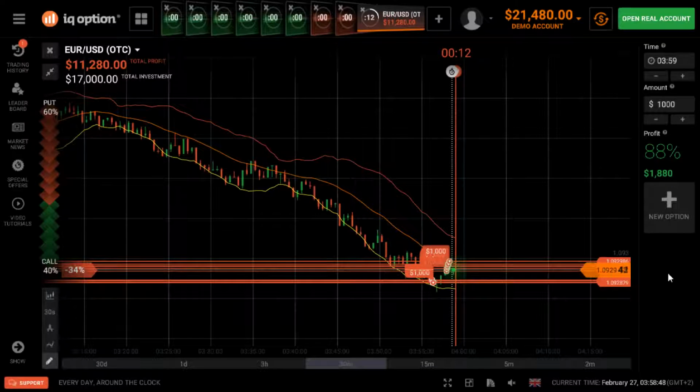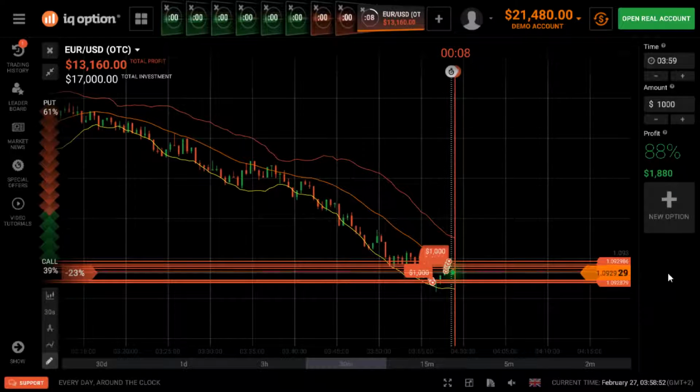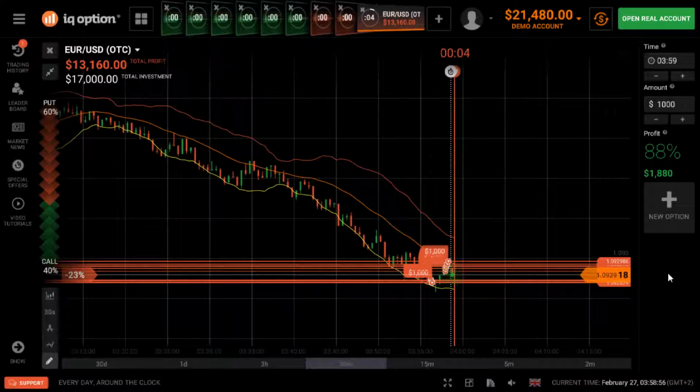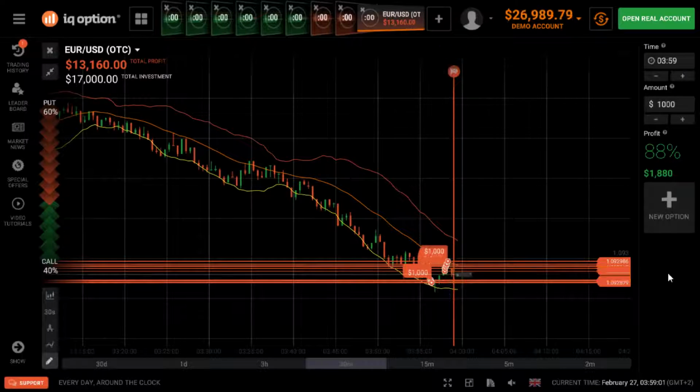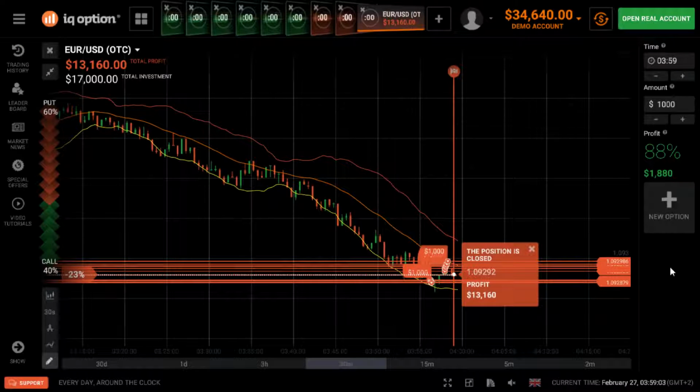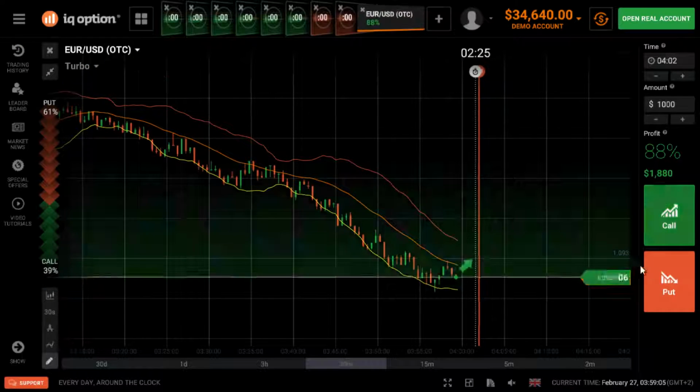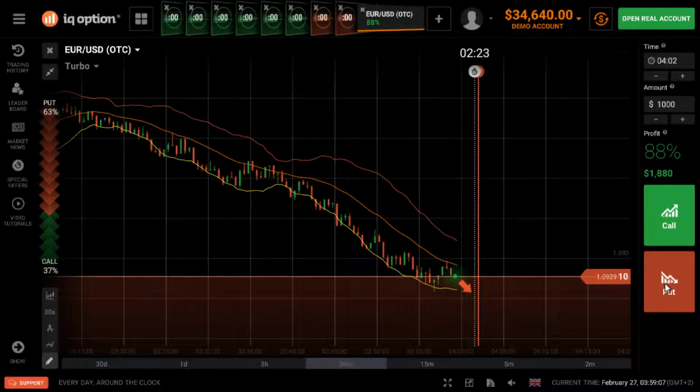Otherwise, I may have lost 10,000. But this compensation is helping bring my loss down to around $4,000. Proportionally, 4,000 is not a big loss.